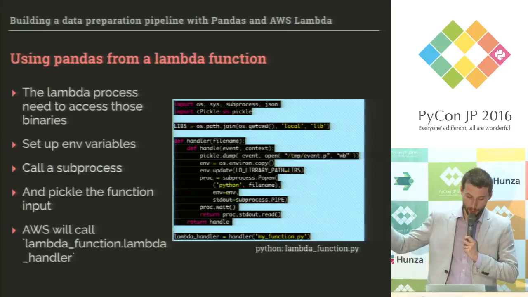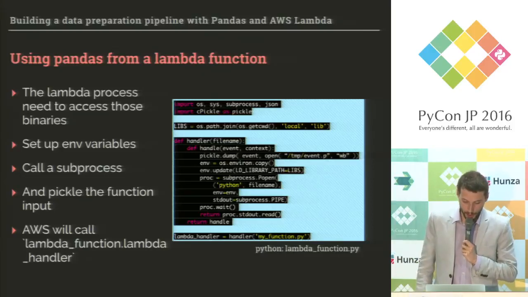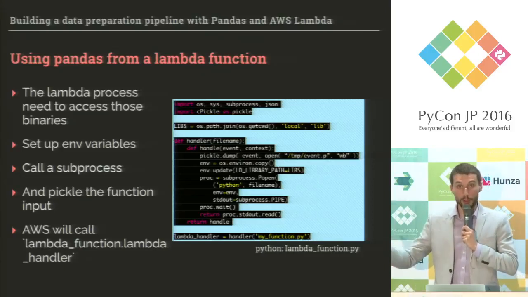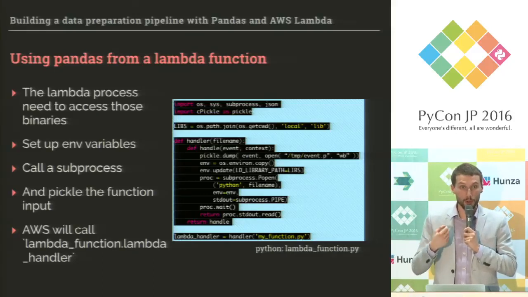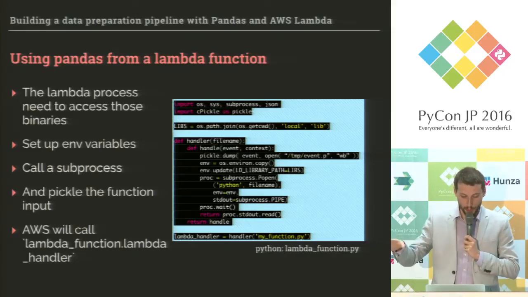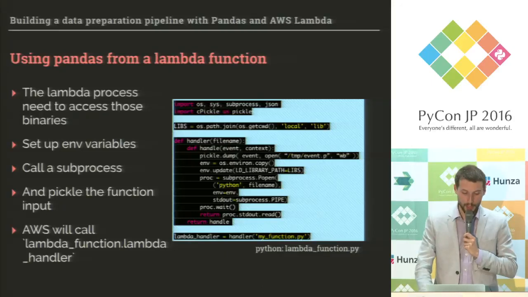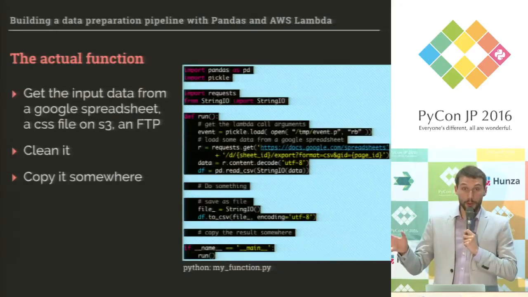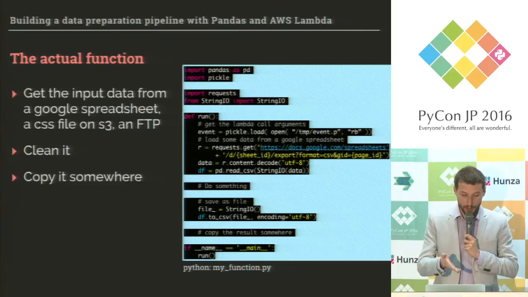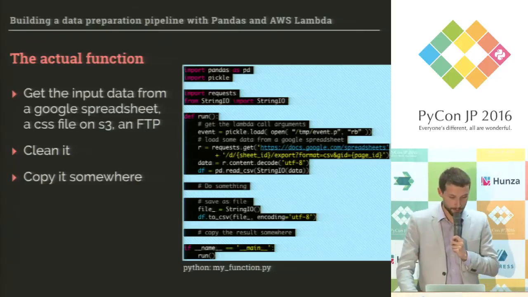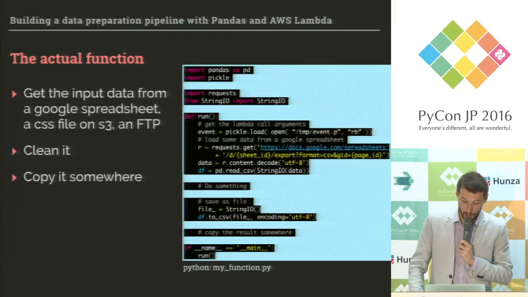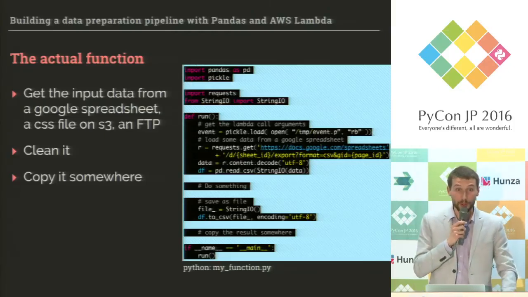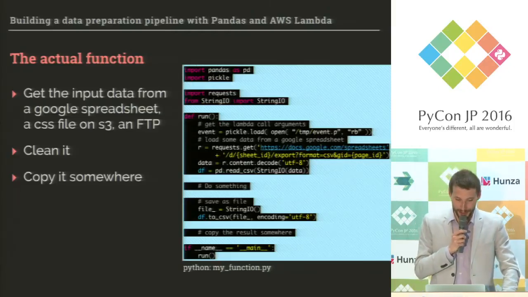And here we have the handler function that takes as an argument the other function, the one you really want to launch, and will launch that one in a sub-process and return the result. And that's the proper function that is using Pandas, in that other file, in which you can do now whatever you want, since you are now free.